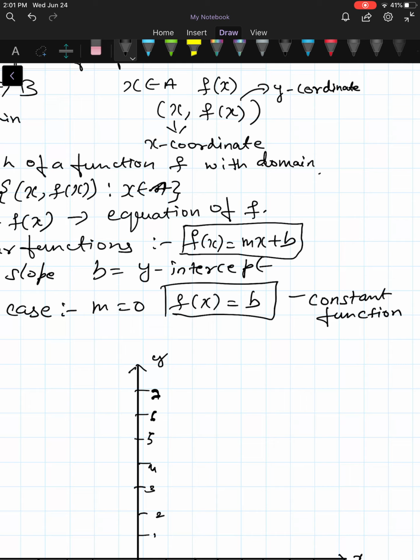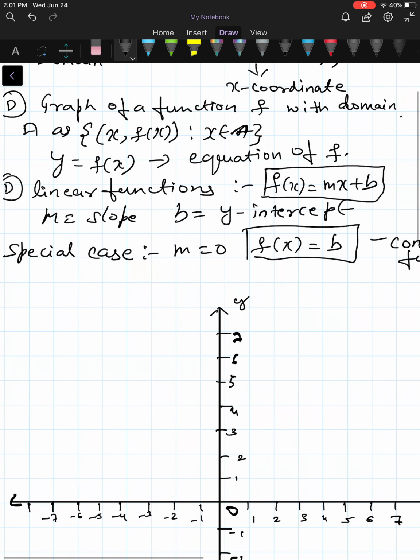So for any input value, you just get one output value, and that is constant. That would be a real number, because we are in the real plane. So that's why it is called a constant function. Now we will learn how to plot two more special kinds of functions called power functions and root functions.